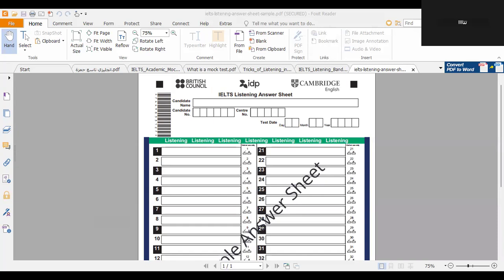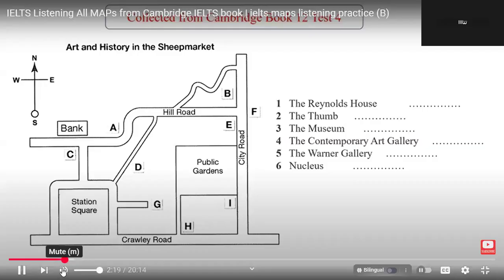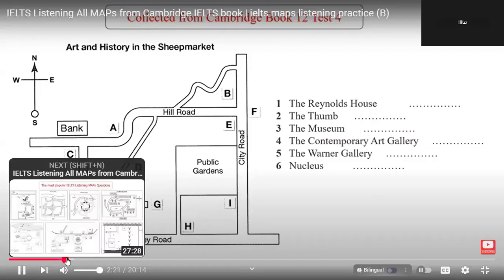It's an advertisement, so we will wait a minute until it just goes on.